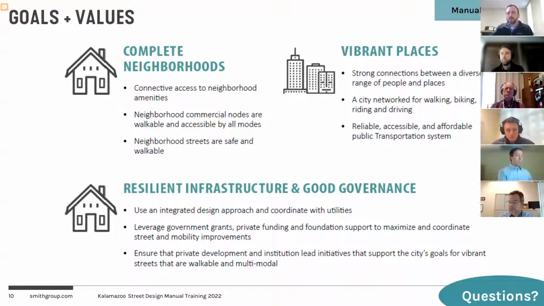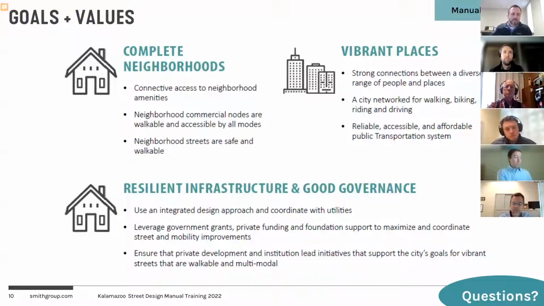Our goals and values do not stop when we leave the right of way. So we are trying to use our streets to tie into that land use, to make complete neighborhoods, to create these vibrant places, off of the right of way, but also within the bounds of our streets, to where we can create that community, create a sense of well-being for all residents and businesses that are here in the city.